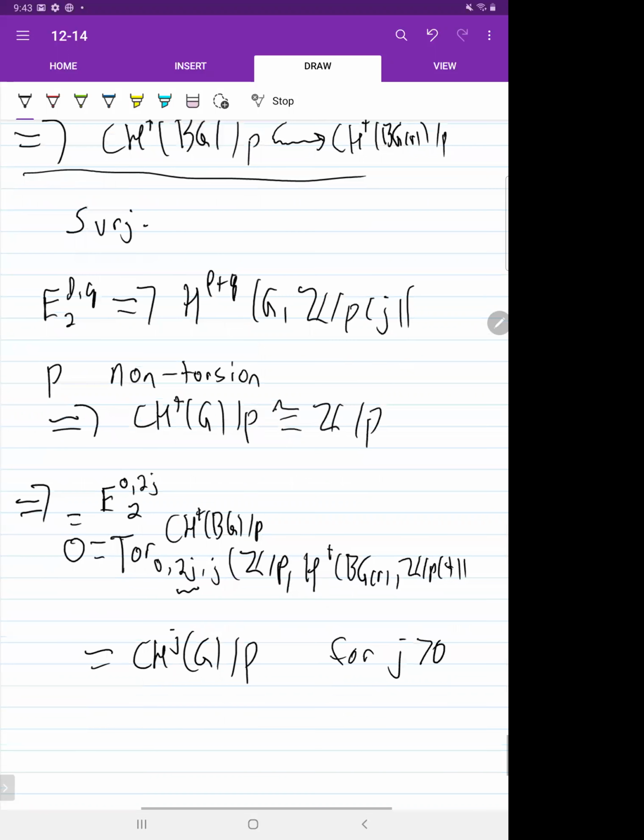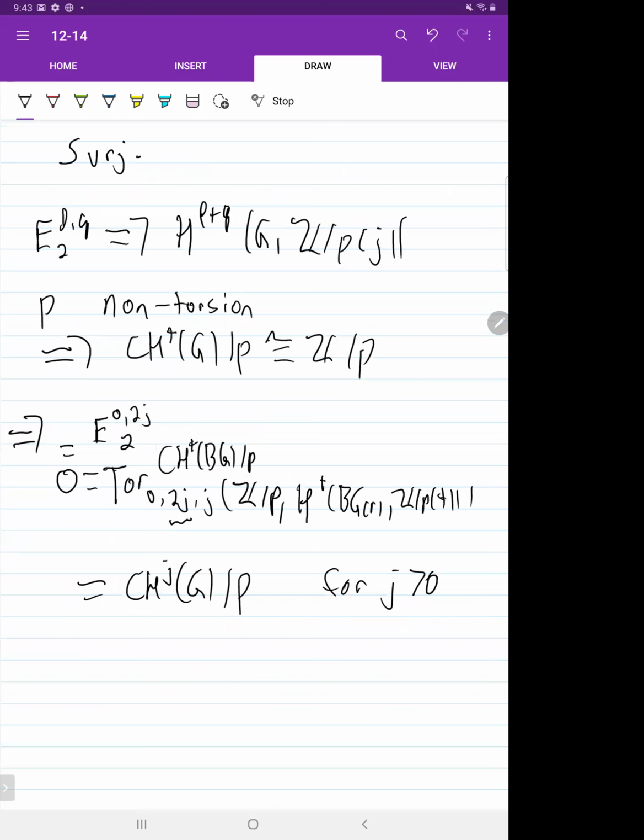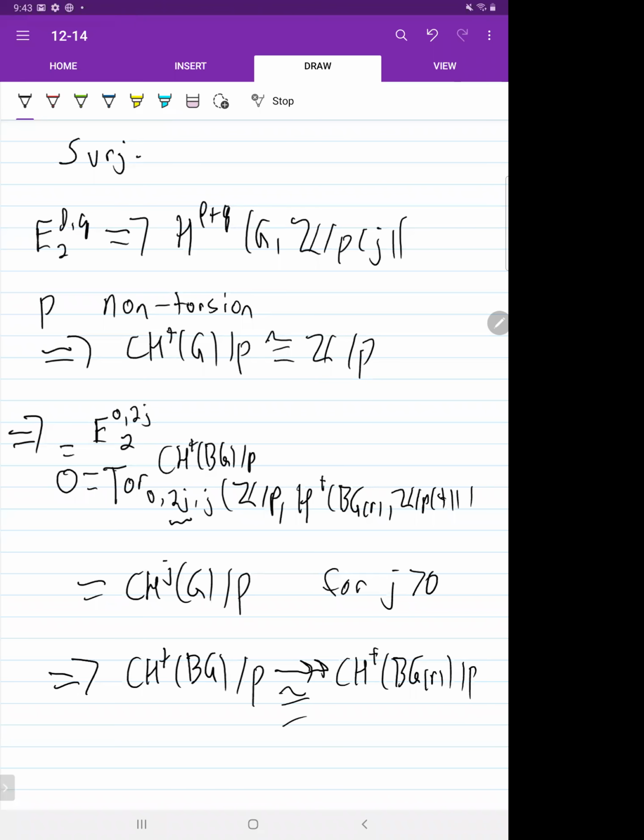So then that tells you that the Chow ring of BG mod P maps surjectively onto the Chow ring of BGR. So hence it's an isomorphism since it was injective.